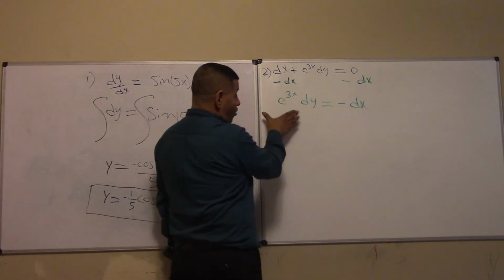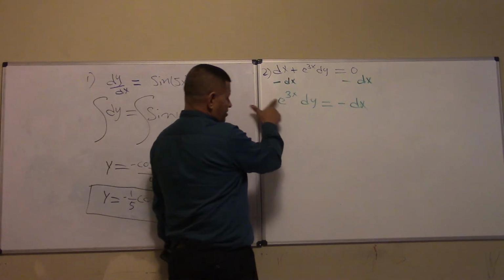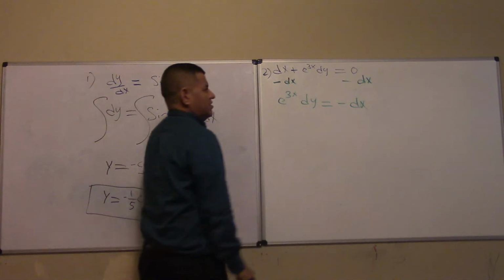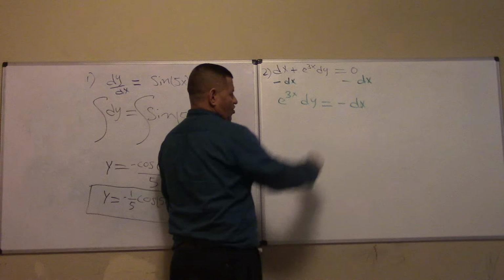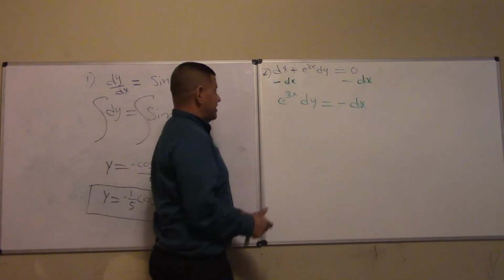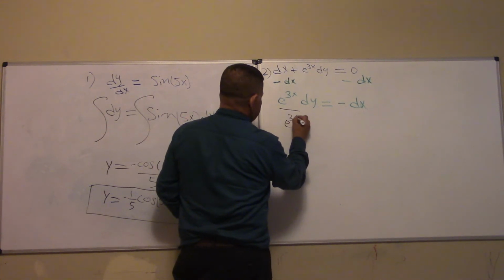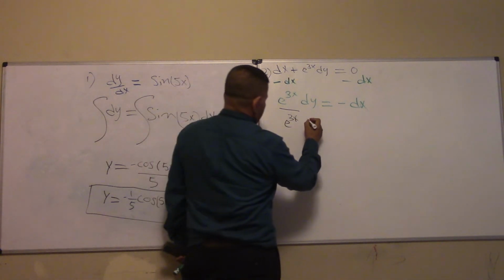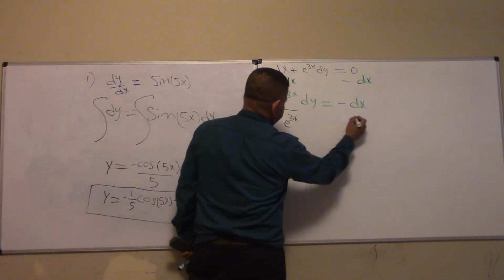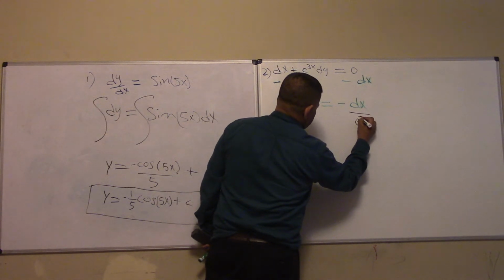I want to have my dy on the left side, so that means I have to get rid of that e to the 3x and move it to the other side. The only way I can do it here is by dividing. So I divide by e to the 3x.